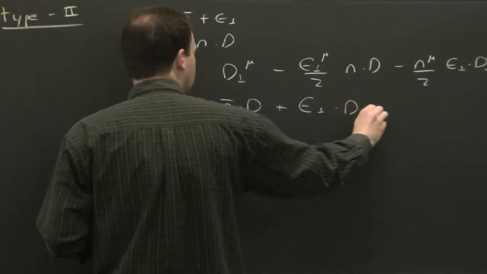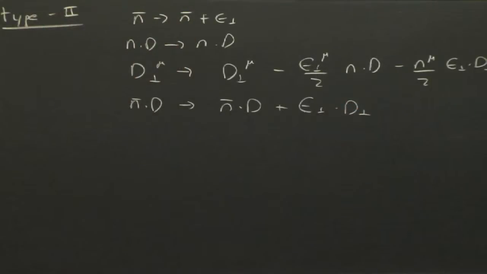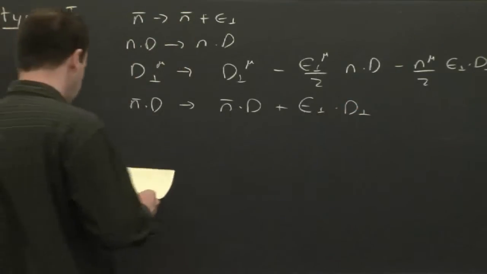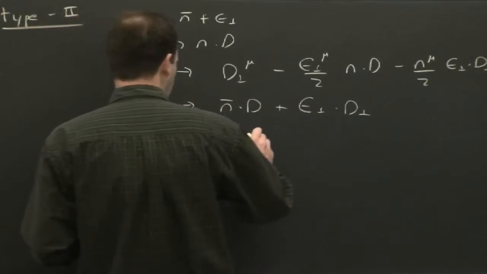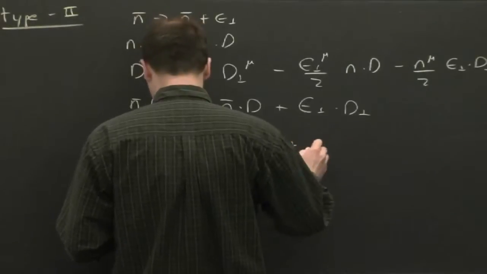So everything so far looks exactly the same as type 1, just with a suitable replacement. But the fermion ends up looking a little more complicated here.